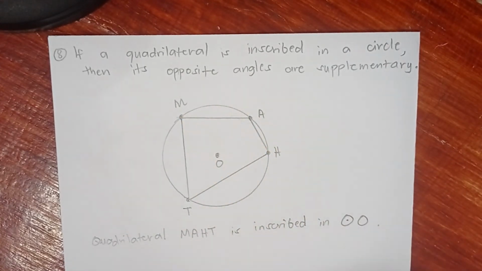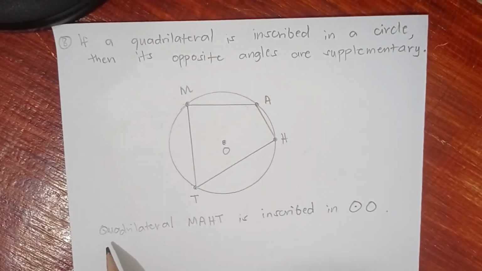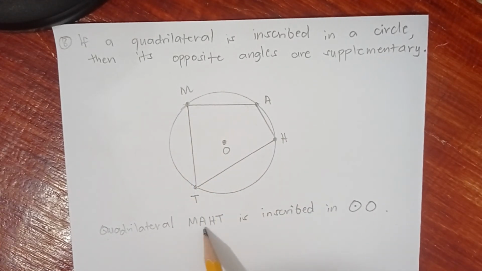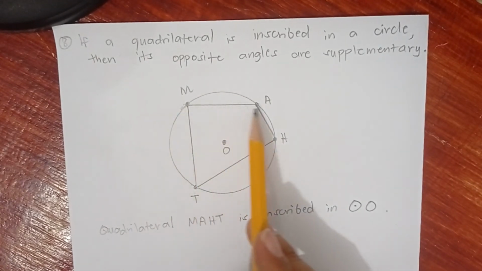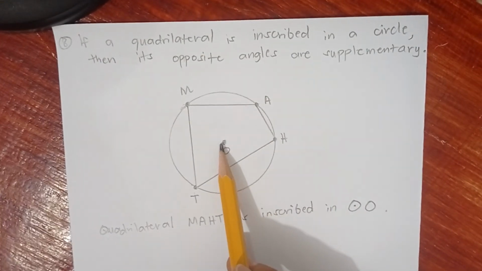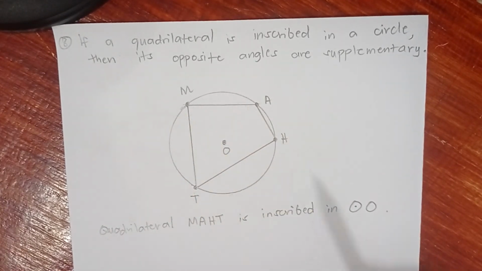Pag sinabi natin supplementary class, pag pinag-add mo daw yung dalawang angles, dapat mag-equal siya sa 180 degrees. So, sabi dito, sa example natin, quadrilateral MAHT. Bakit 4 letters? Kasi quadrilateral, 4 yung points niya. Okay? Is inscribed in circle O. So, nandito sila sa loob ng circle O.